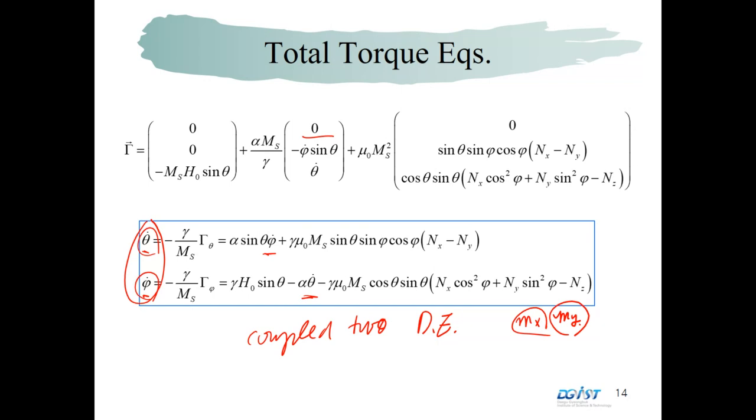What's the difference? In this error equation, when we were solving, we assumed first order perturbation theory. We assumed mx, my are smaller than ms, right? So we assumed the sinusoidal harmonic motion of the magnetic moment with the external disturbance.